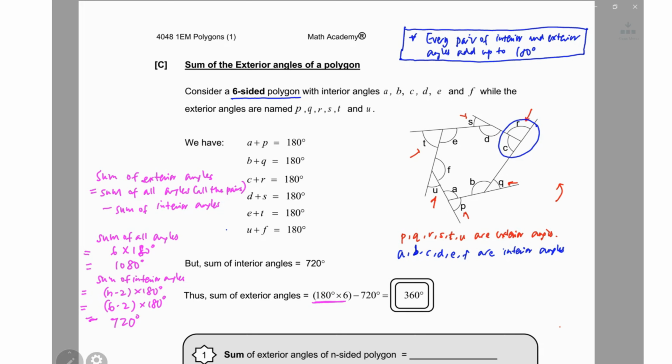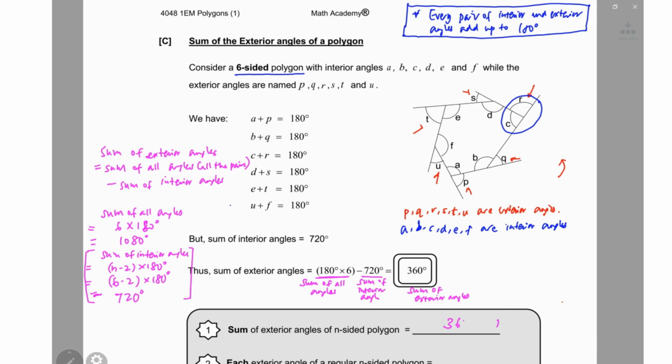So the sum of exterior angles: simply take the sum of all the angles, which is this 180 times 6, minus away your 720. I've shown you how 720 comes about. Sorry, that is the sum of interior angles. You take all, minus away the interior, and you will get the exterior. So this is how it comes about. The sum of exterior angles will be 360 degrees.